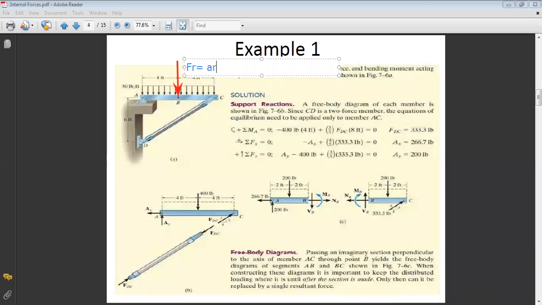The area of the distributed load, equal to 8 times 50, which is equal to 400.